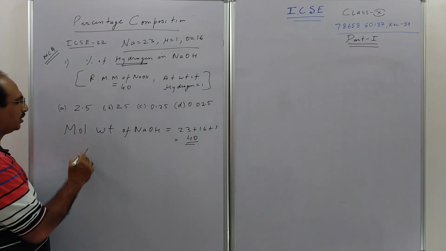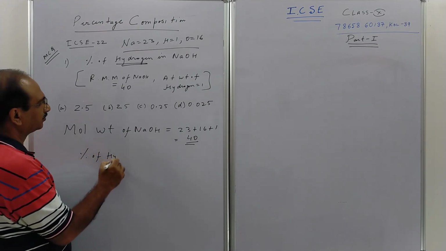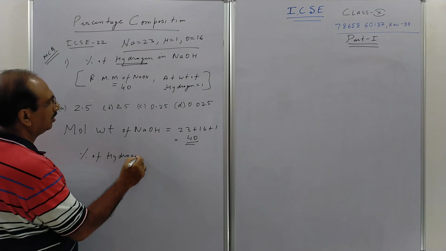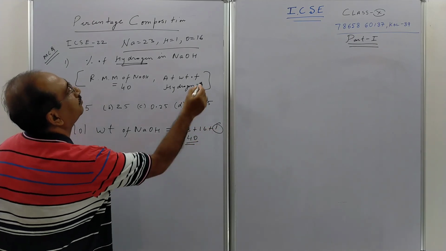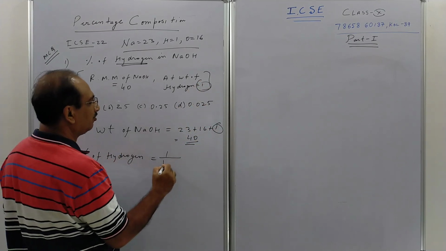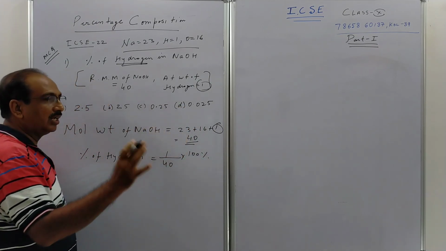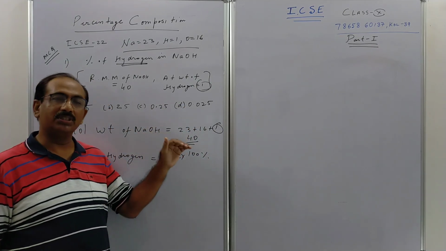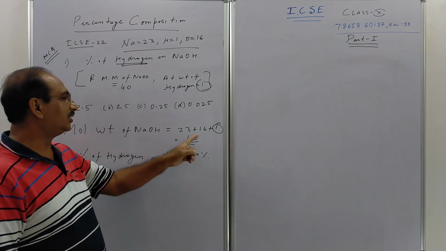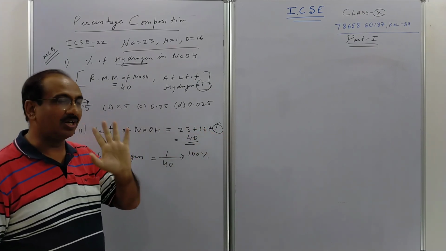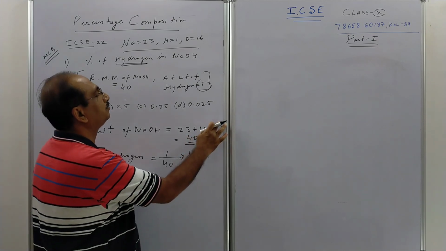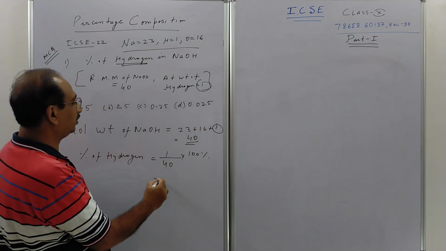So we have to find the percentage of hydrogen. Children, it is 1 only: 1 upon 40 into 100%. Hydrogen is very light, remember. In any compound, the percentage of hydrogen is least because it is the lightest. Its atomic weight is 1. So 1 over 40 into 100%.